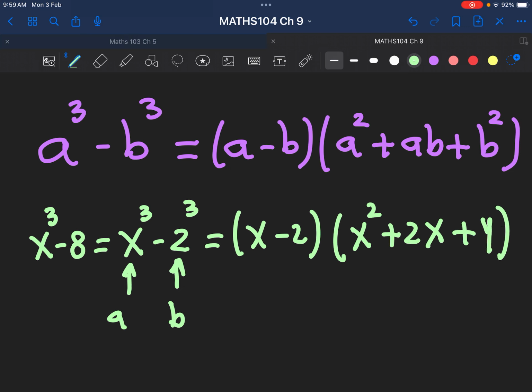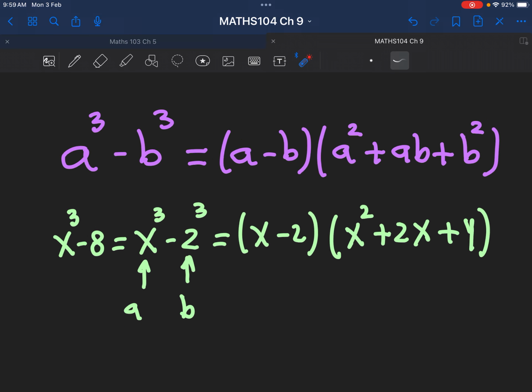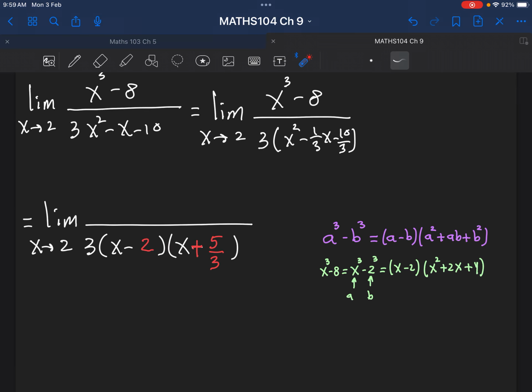Why 4? This is b squared. And b is 2, so 2 squared is 4. Now we need to take this one, and I need to write it down here. So I get x minus 2, x squared plus 2x plus 4.